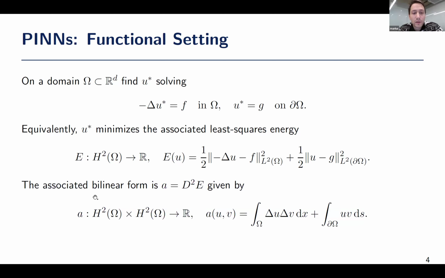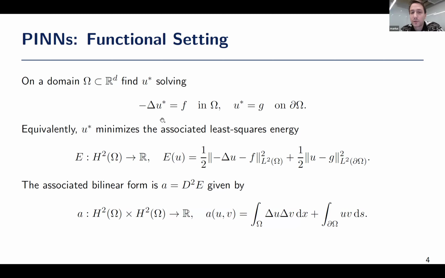Already here, I want to stress that associated to this energy E, we have the bilinear form lowercase a. You can get it as the second derivative of E, or you just see it. This is a quadratic problem, and it's given by the contribution of the Laplace operator and the contribution of the boundary term. This form a will be important later in the analysis, because the properties of a will almost completely determine the analysis, at least one part of it.